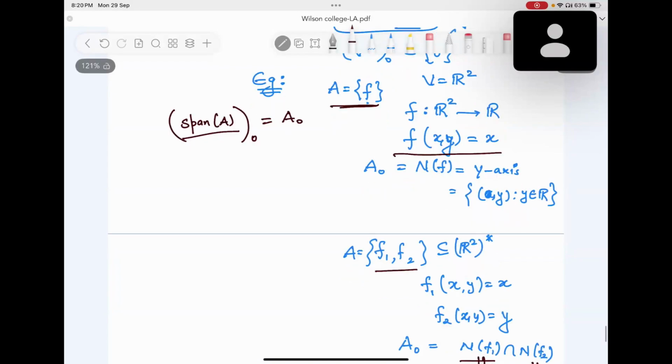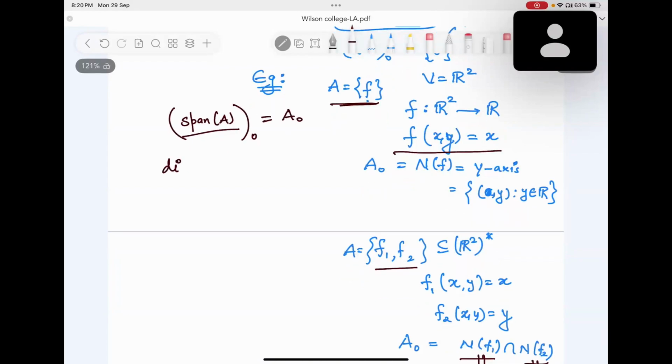Now, what is the dimension of A annihilator? What is the dimension of the Y axis? 1.